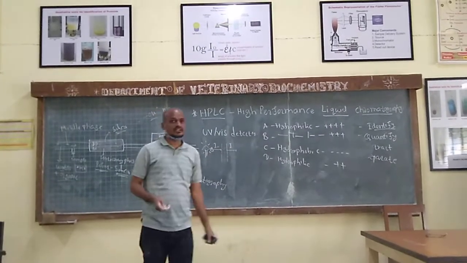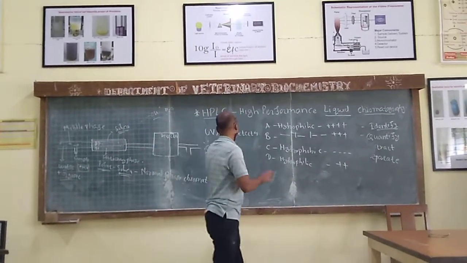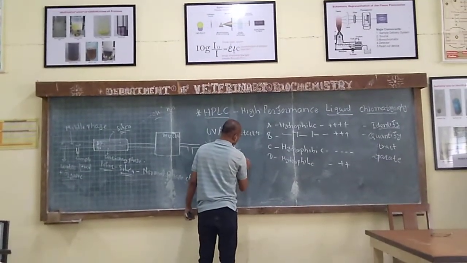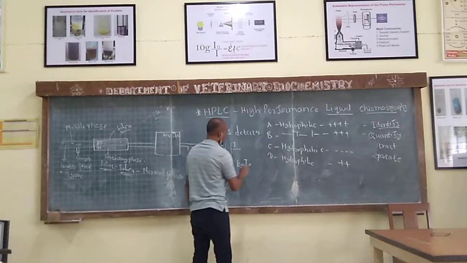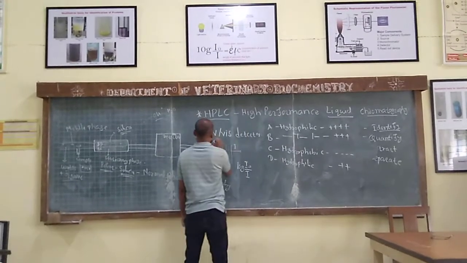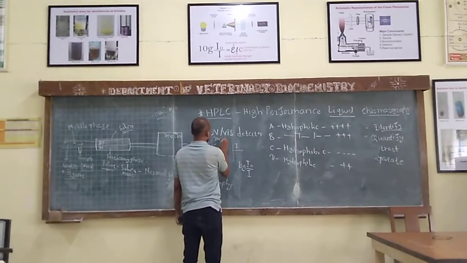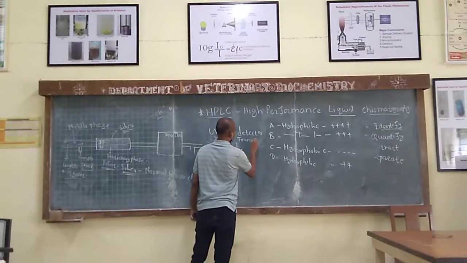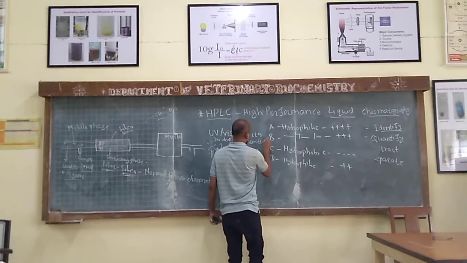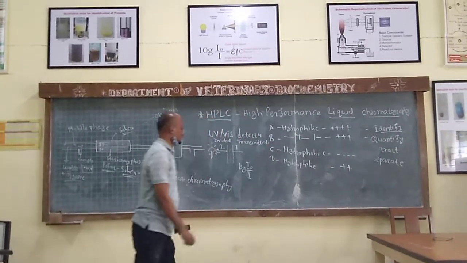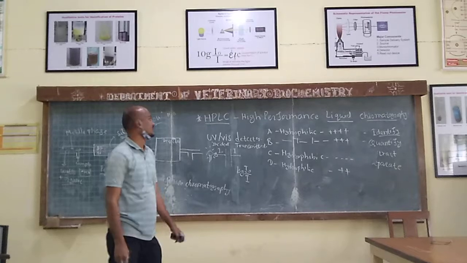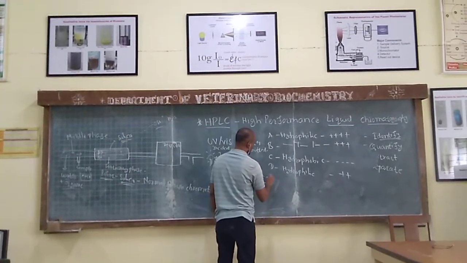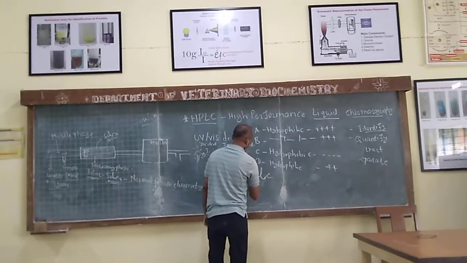So what can we calculate? If you take, for example, the log of I0, the incident light, divided by the transmitted light, and if you take the logarithm, it equals epsilon lambda c.